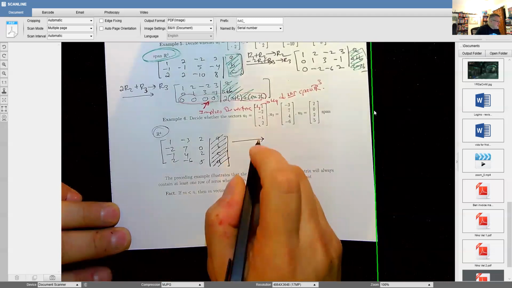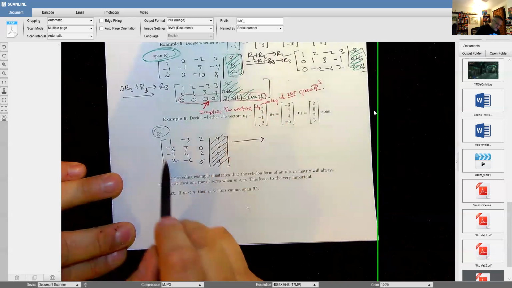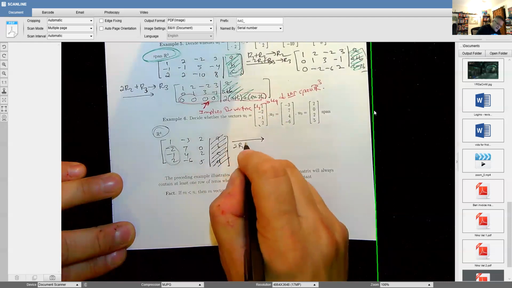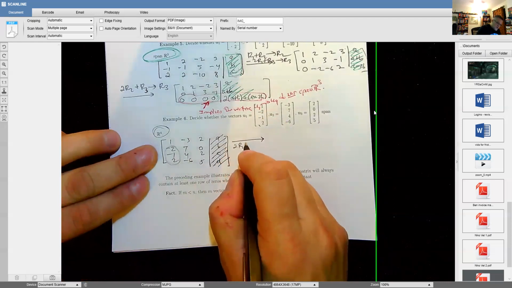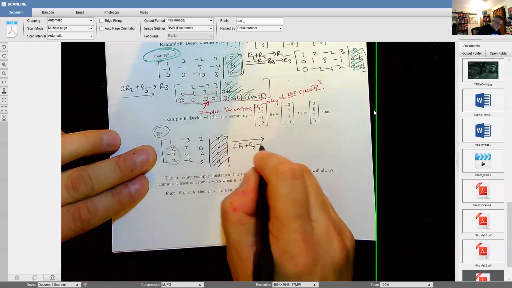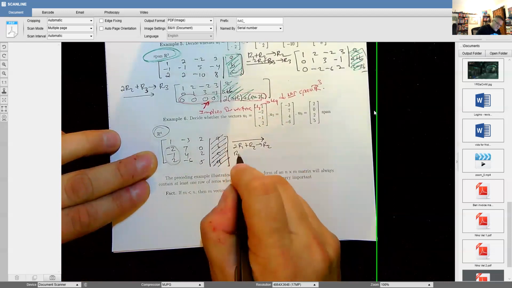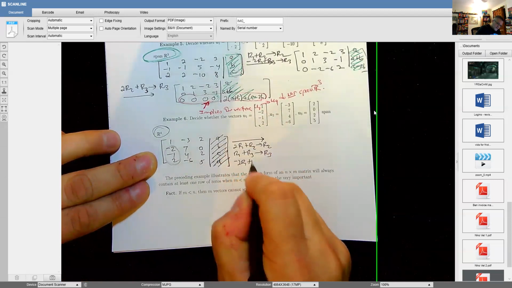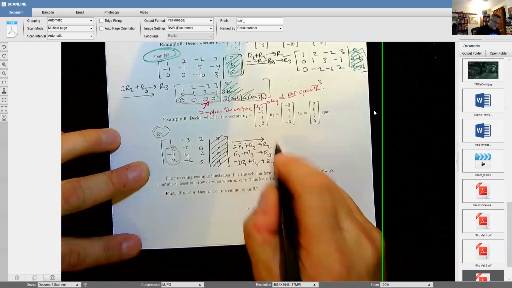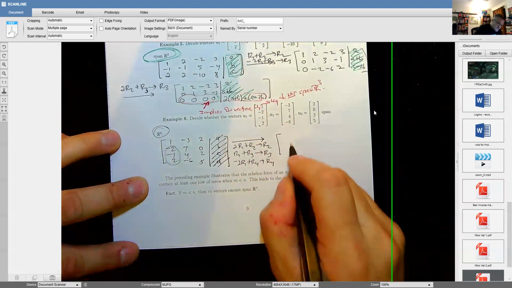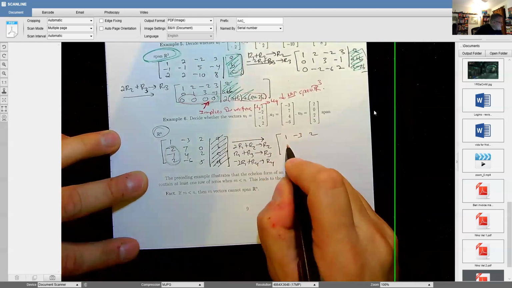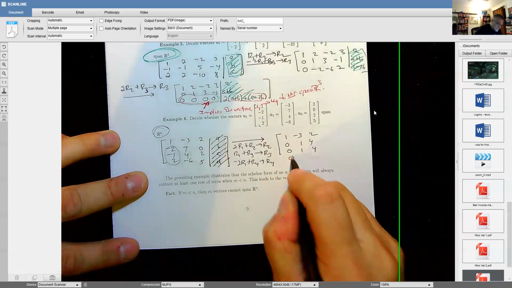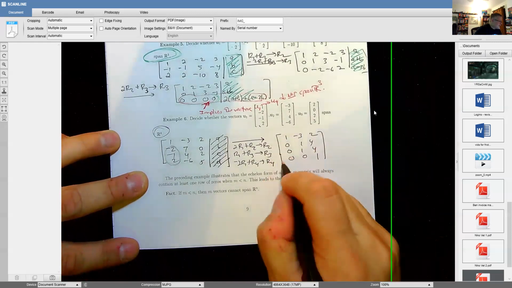To do that, let's put it in echelon form. So I need zeros all here, which takes 3 different arithmetic combinations. I'm going to multiply row 1 by 2 and add it to R2. I'm going to add R1 and R3, and I'm going to multiply R1 by -2, add it to R4, and plug it into R4. If I do that, looking just at the coefficient matrix, that's what I get.